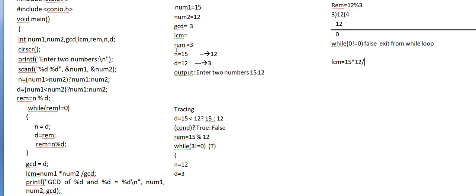So the value of GCD is equals to 3. So 15 into 12 divided by 3.